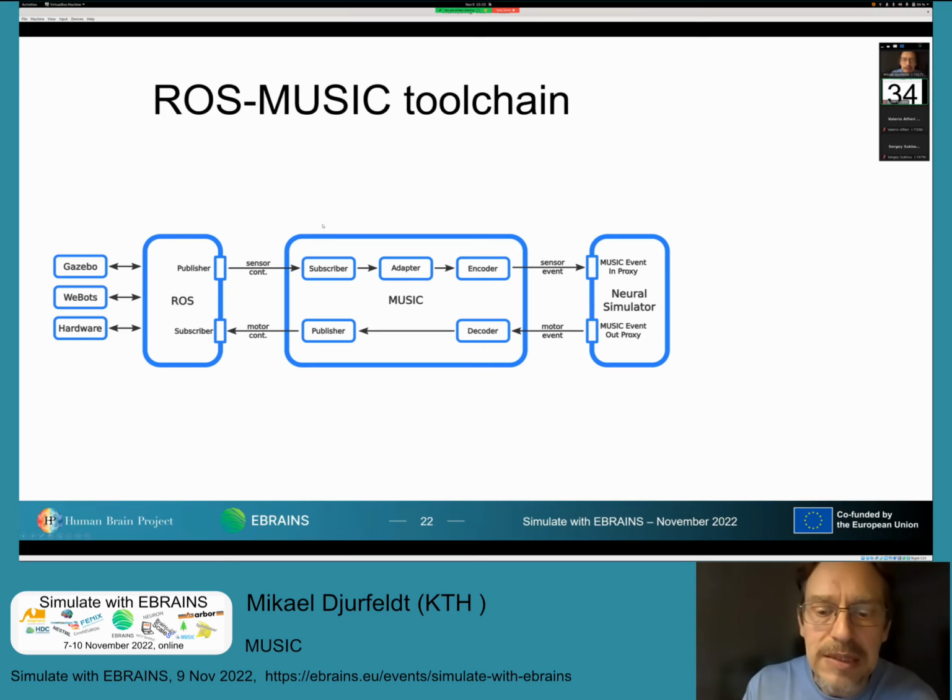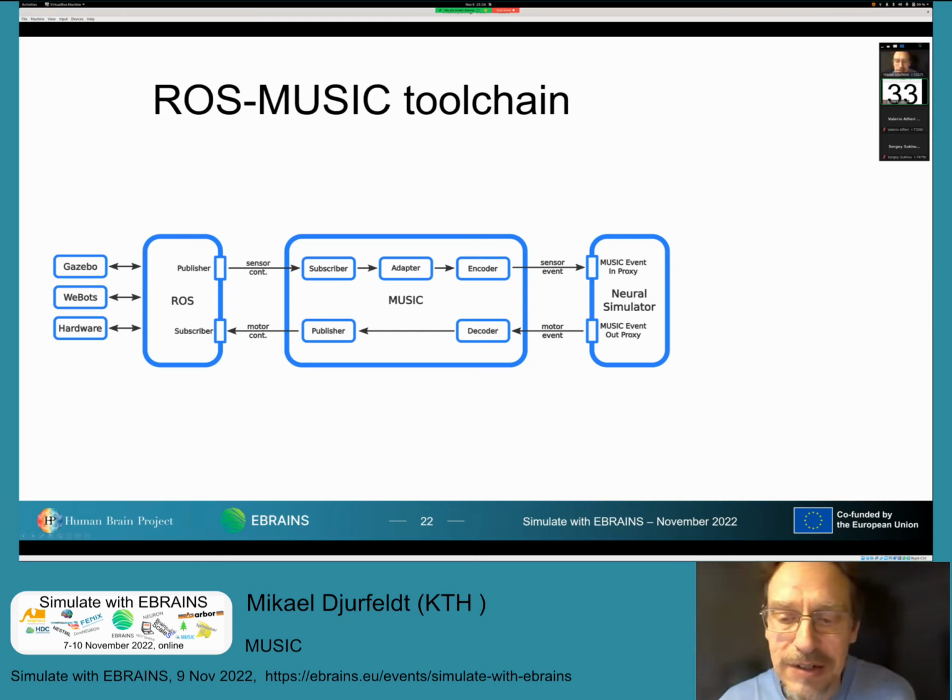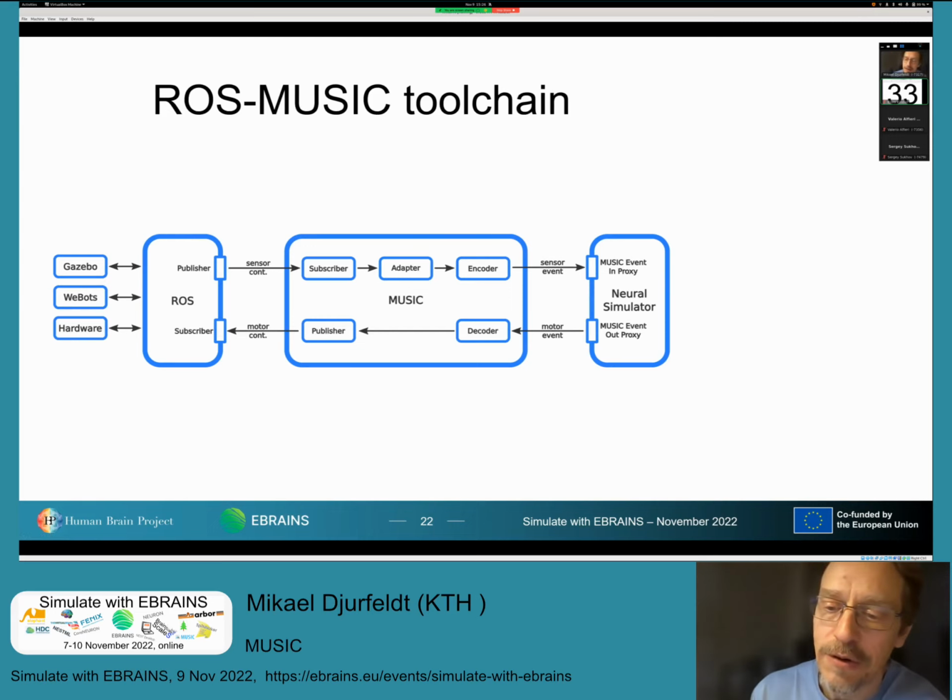The idea here is to model something called a simple Braitenberg vehicle. So you have a very simple brain consisting of two neurons in this case. One neuron is driving one side of a little wheeled robot, and the other neuron driving the other side.